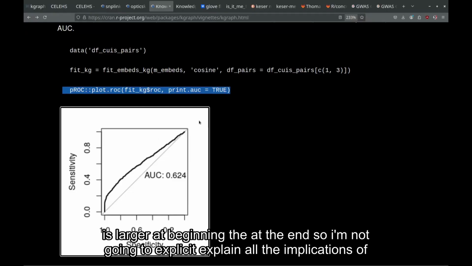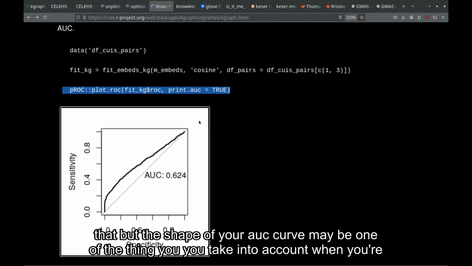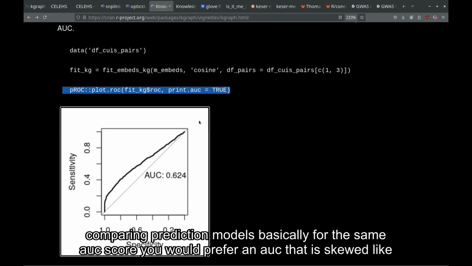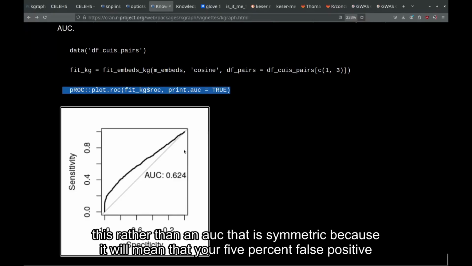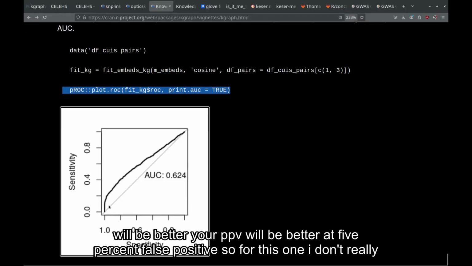I'm not going to explain all the implications of that, but the shape of your AUC curve may be one of the things you take into account when you're comparing prediction models. Basically, for the same AUC score, you would prefer an AUC that is skewed like this rather than one that is symmetric, because it will mean that your PPV will be better at 5% false positive.